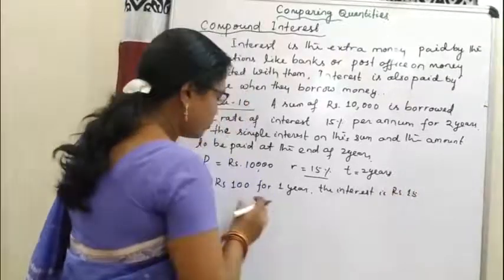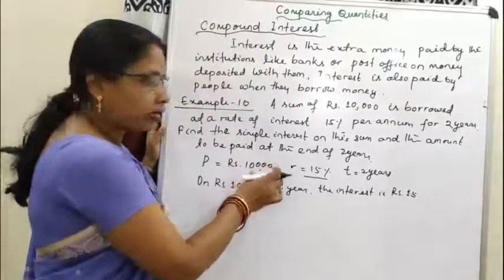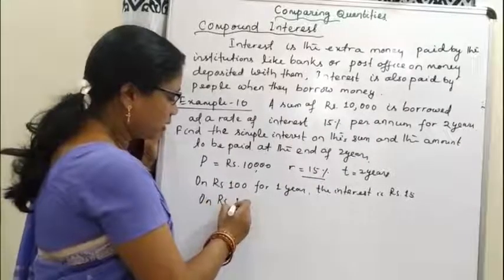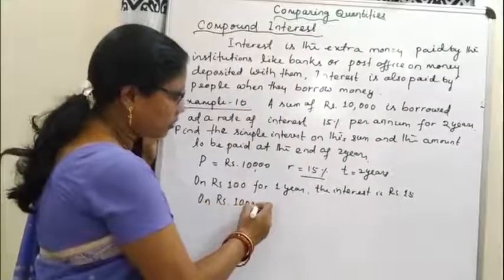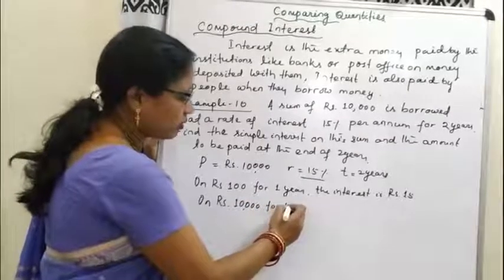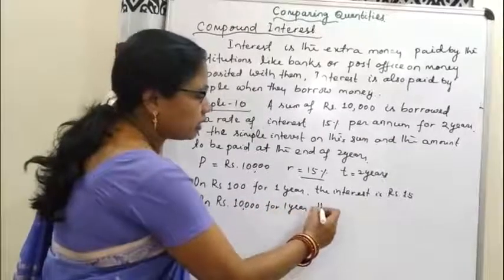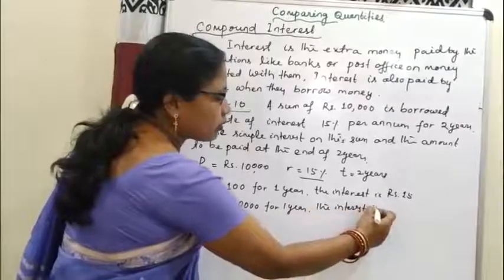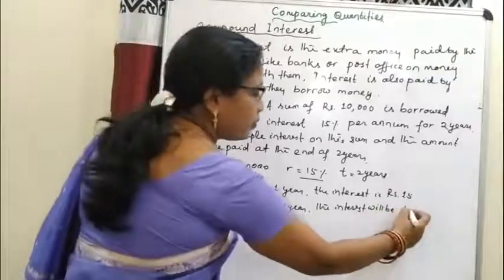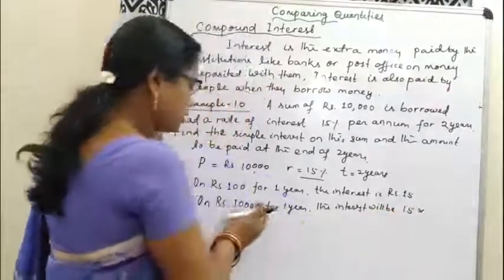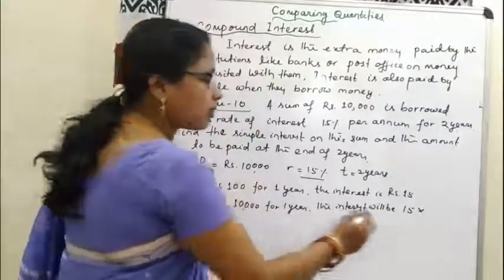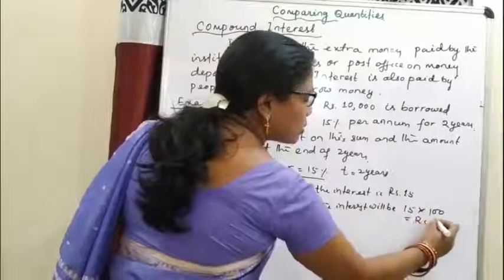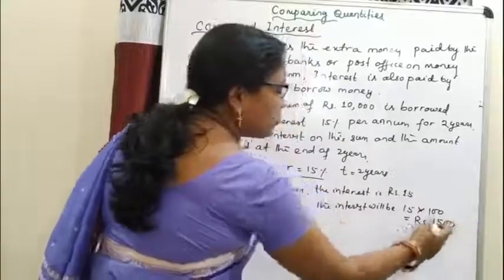So we have to calculate on the amount 10,000. On rupees 10,000 for 1 year the interest will be 15 multiplied by 100, since 10,000 is 100 times of 100. So this is 1500 rupees.